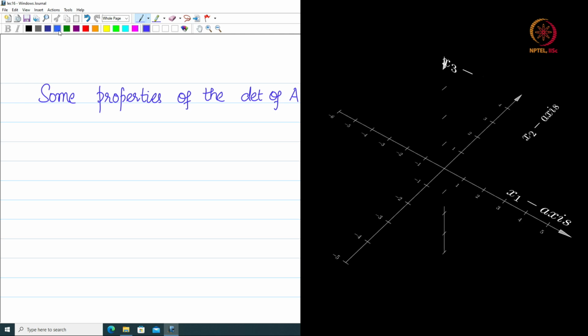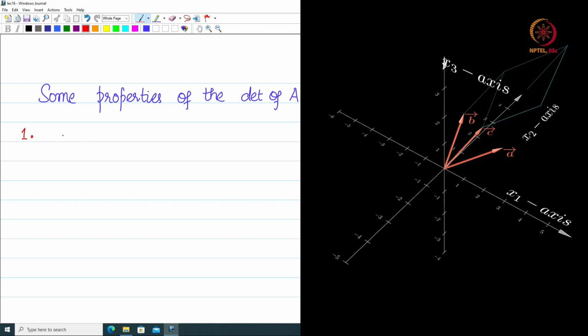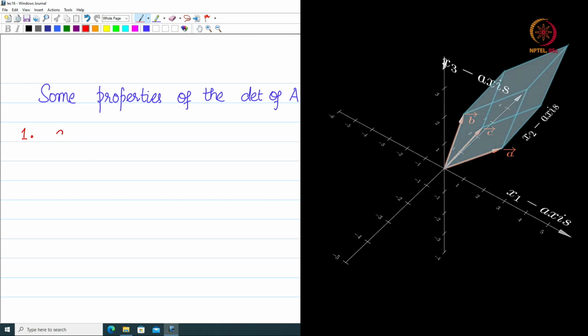The first thing we will do is the following. The first property is, we know that A dot B cross C is the same as B dot C cross A is the same as C dot A cross B, right.